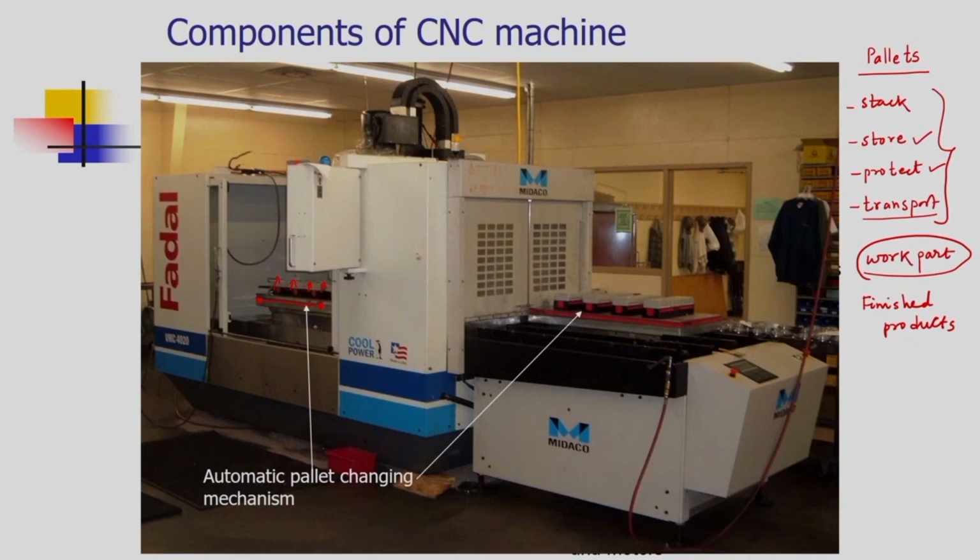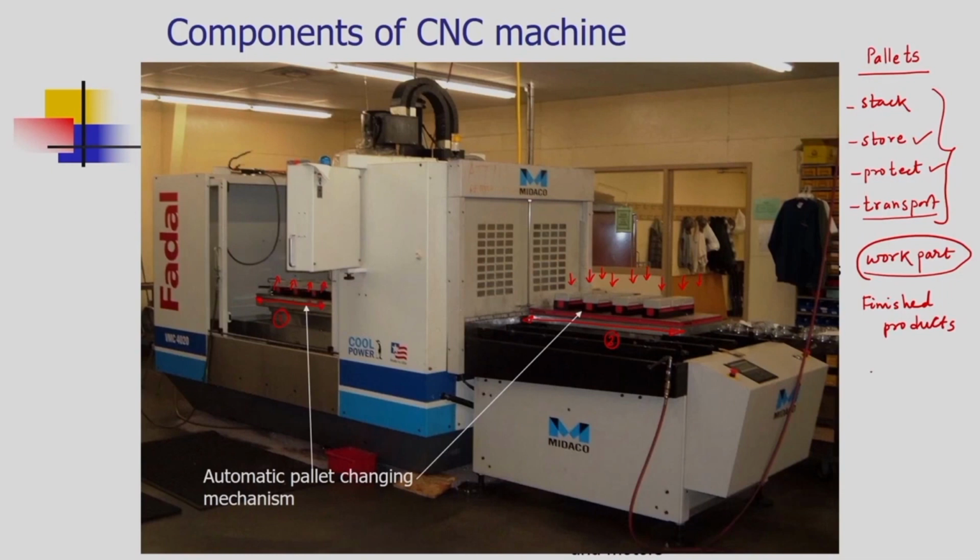During the processing time, the other operator can ready the next pallet. So, here this pallet number 2 will become ready. Here you can see various work parts are ready which are to be fed to the machine tool for the next set of operations.